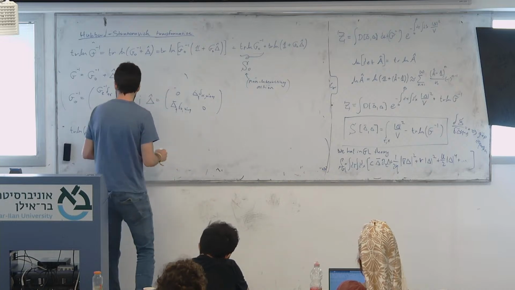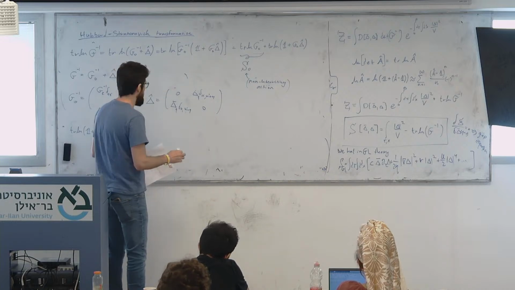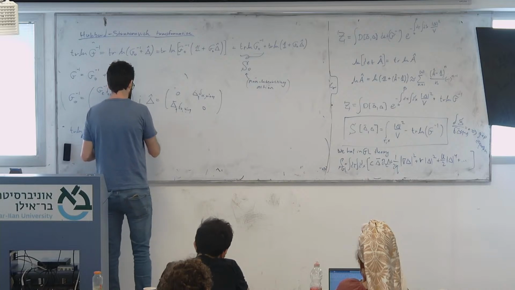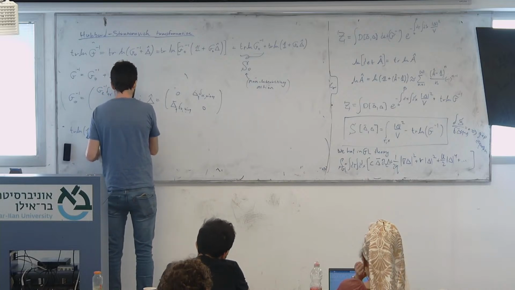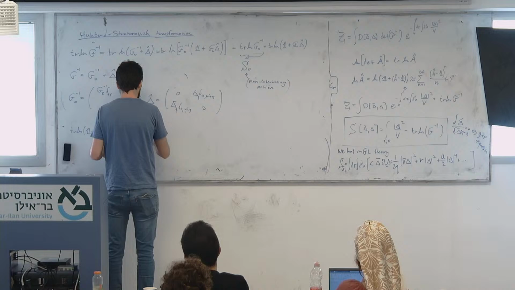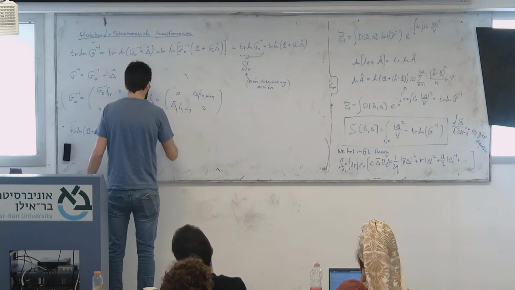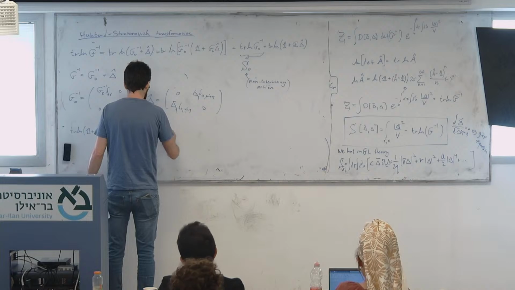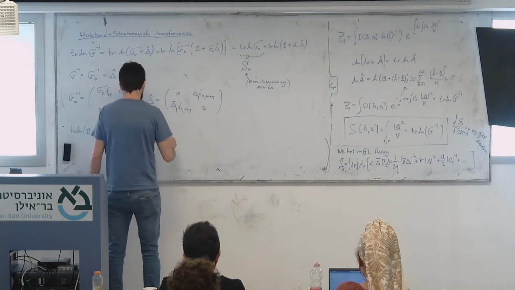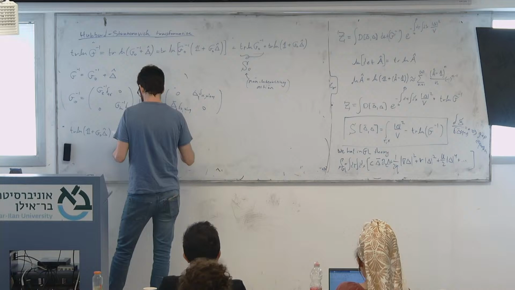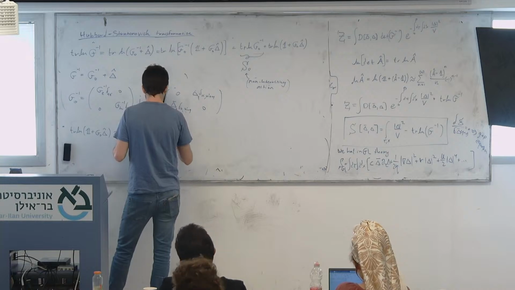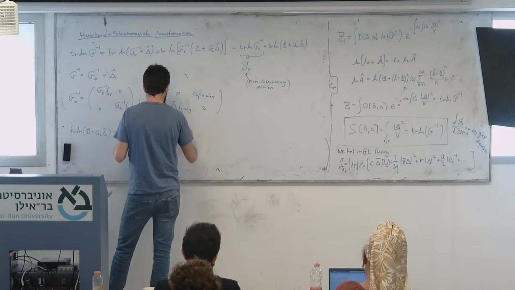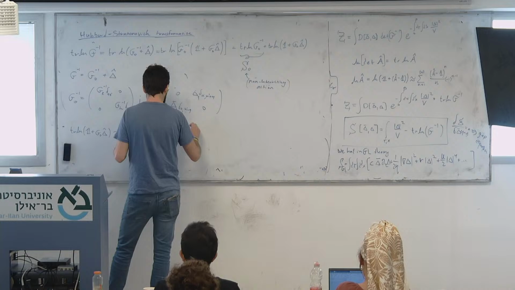Right, okay, maybe we can just write, so we have minus 1 to the n plus 1 divided by n, trace of G naught times delta to the n.